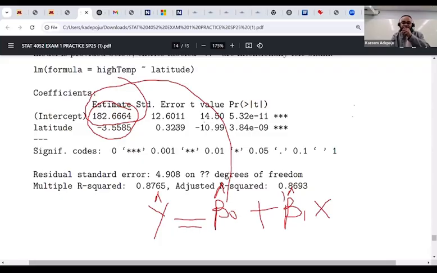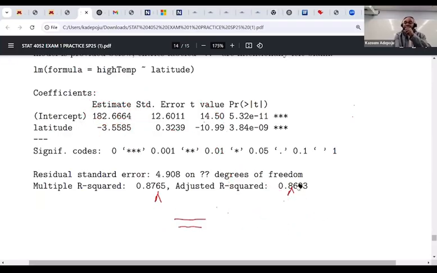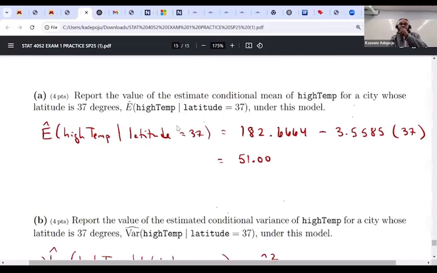My beta 1 cap is negative 3-point-something. Anytime they mention conditional mean, the fitted model is the conditional mean, because the fitted model is relating a response to the predictor. Take a look at what I got. Then when latitude is 37, I'm just going to plug that in.